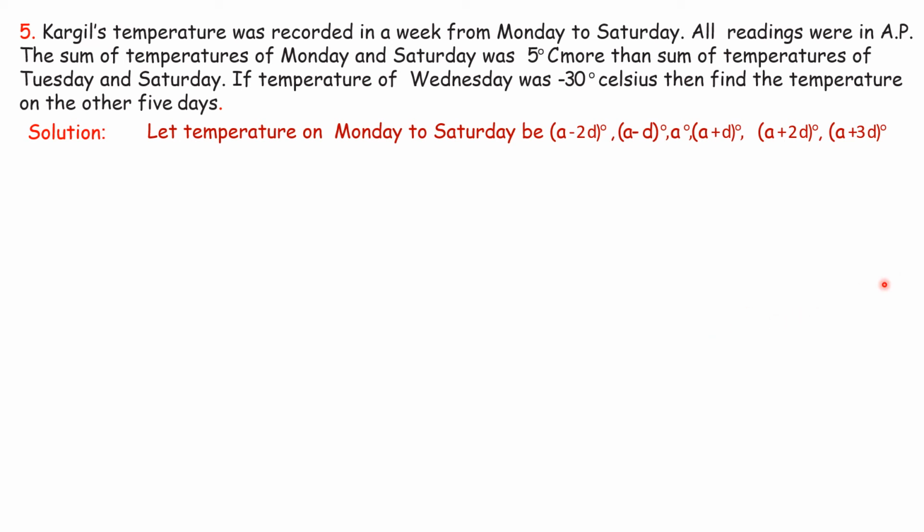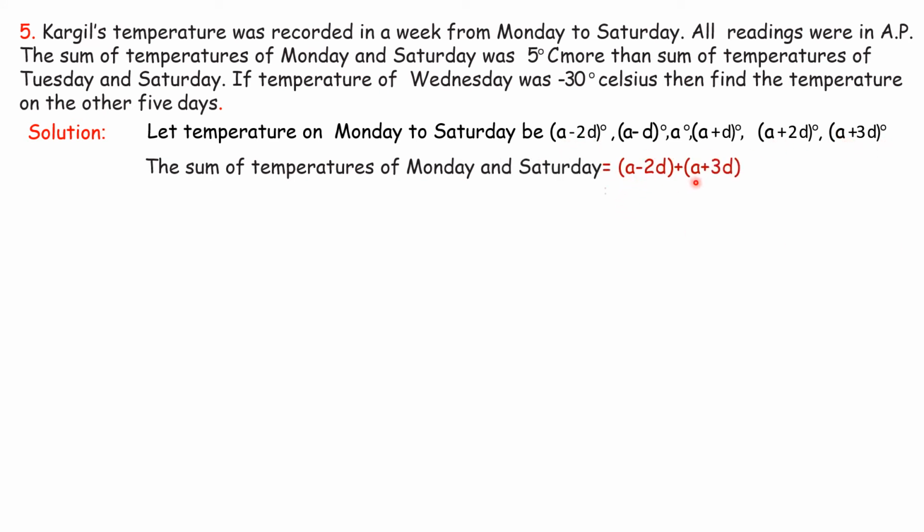So the sum of temperature of Monday and Saturday, that is a minus 2d plus a plus 3d, is equal to 2a minus 2d plus 3d, that is 2a plus d.